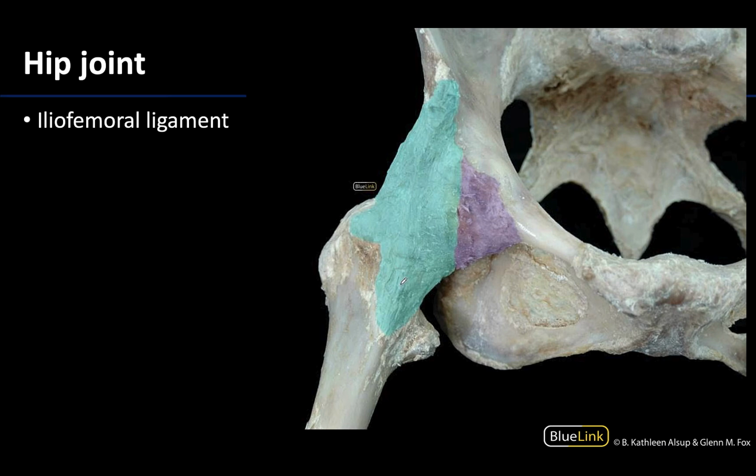Now this is more in terms of anatomical position and more what you would see, but of course a very deep dissection. So we are down to the very close ligaments as well as the articular capsule around the head of the femur and the acetabulum. And this large ligament right here that is shaded in kind of a teal color is going to be the iliofemoral ligament.